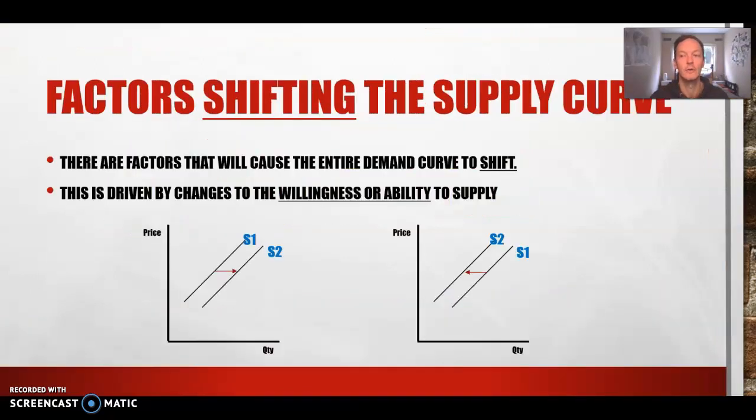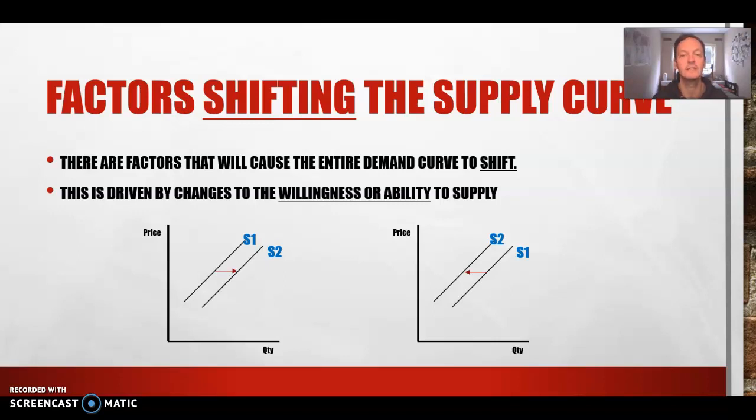All right, so we've got factors that shift the supply curve, as I mentioned before. These are going to cause the whole line to shift to the left or the right. And as you can see there in the left-hand chart, an increase in supply means suppliers are more willing or able to supply goods and services, and then so that entire curve is going to shift to the right.